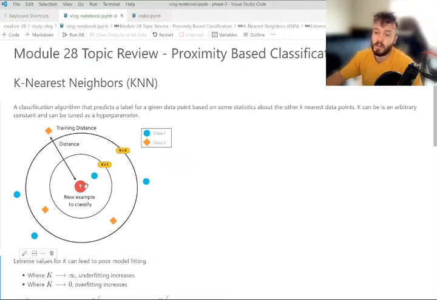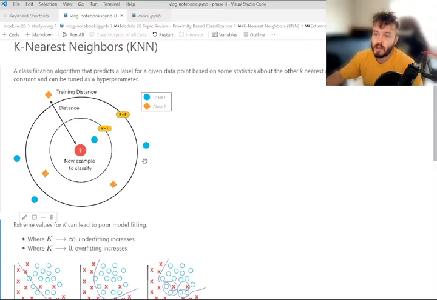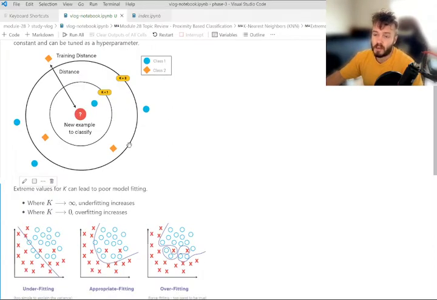How you measure the distance and what you assign for the value of k can be adjusted and explored in the form of hyperparameters, very similar to the hyperparameter tuning and for loops I showed in the last video. So that's broadly speaking what K nearest neighbors is.